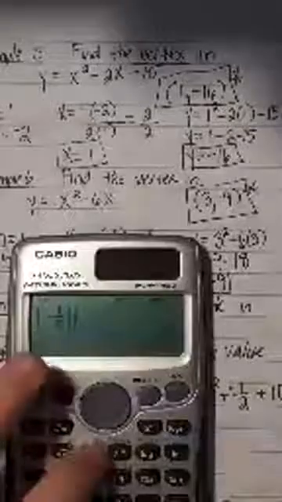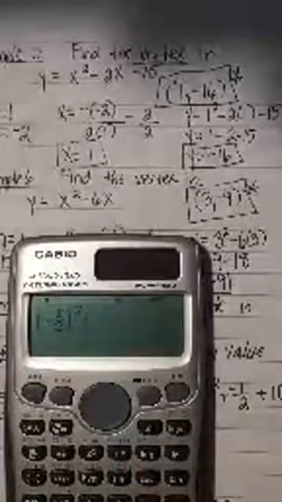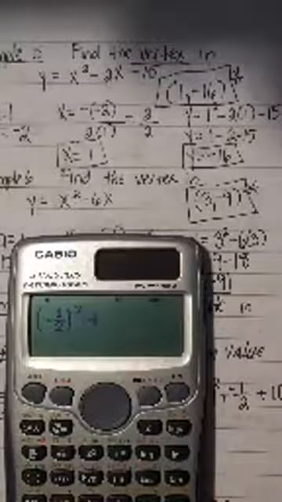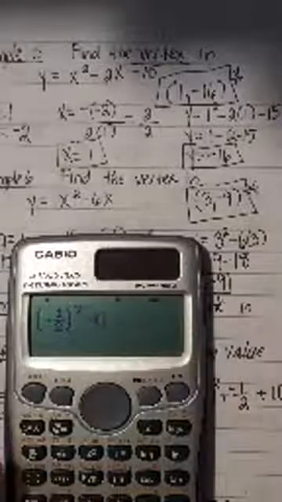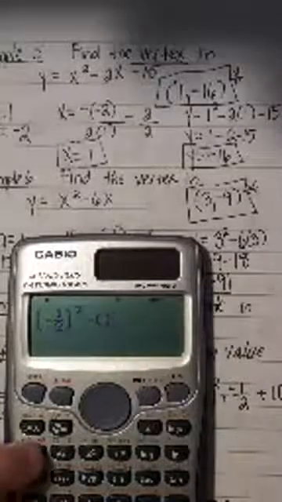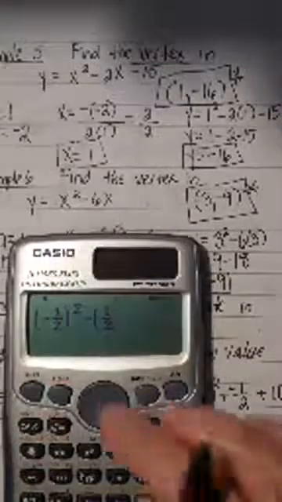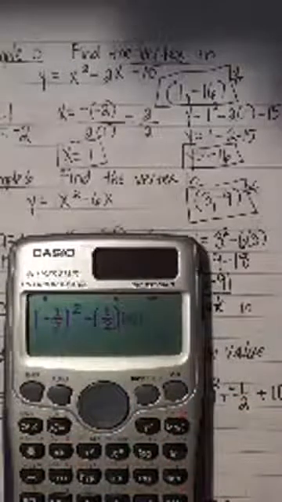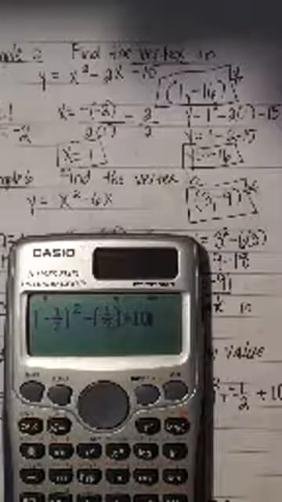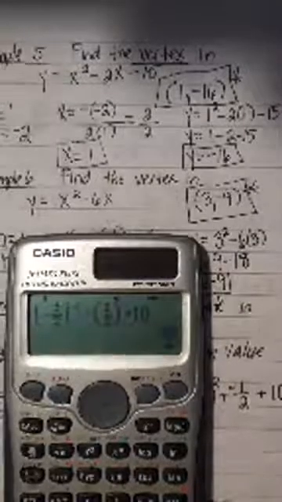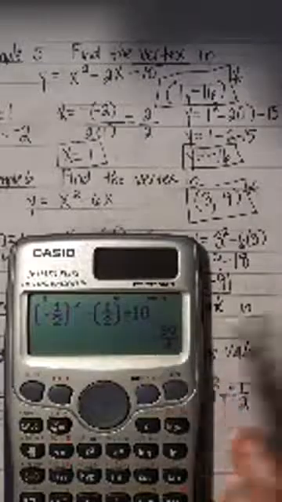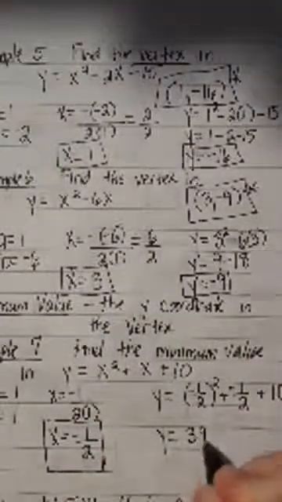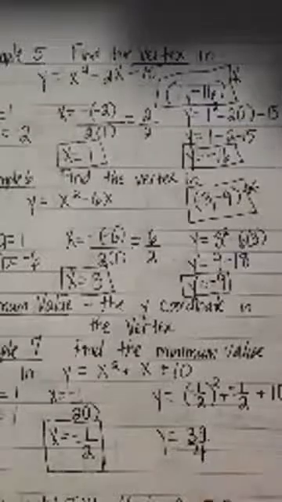And then we've got to square negative 1/2. And then it's either plus negative, or I'm just going to put minus in parentheses 1/2, and then plus 10. Hit equals, and you get 39 over 4, and it's positive. Okay, so y equals 39 over 4.